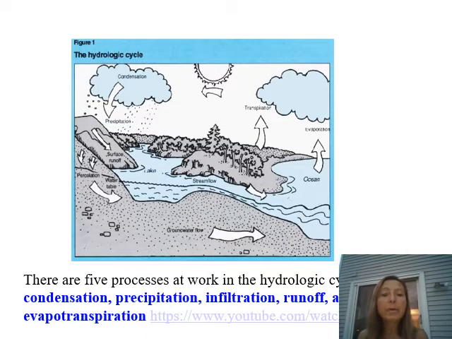Another example of tight coupled connections between different parts of climate system is of course the hydrological cycle, the cycle of water. The hydrological cycle involves 5 major processes such as condensation, precipitation, infiltration, runoff, and evapotranspiration and evaporation.